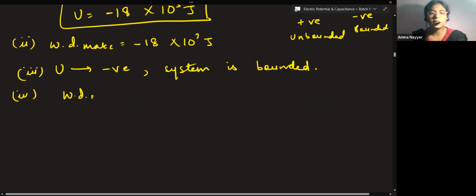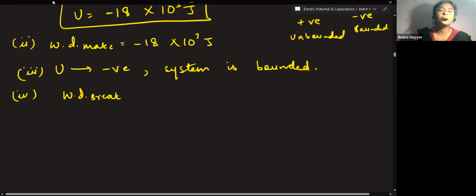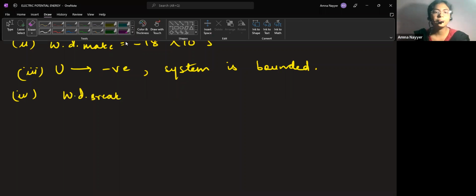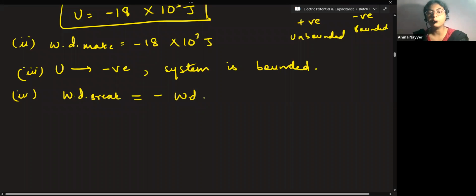So the work done to break the system is equal to minus the work done to make the system. This will be positive 18 into 10 to the power minus 3 joules.